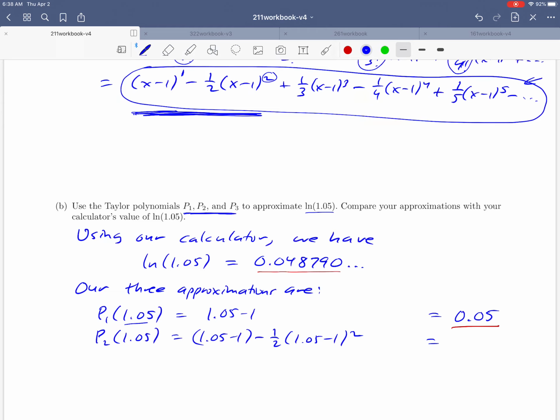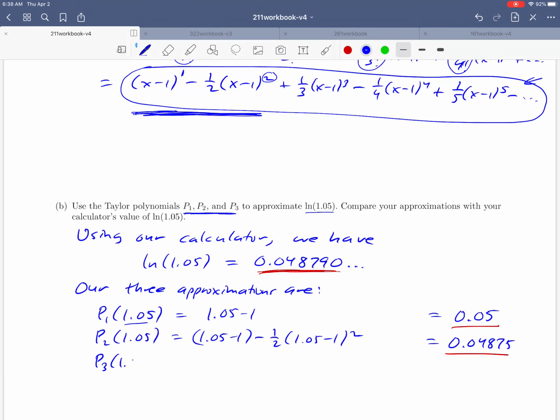You can do that calculation on your calculator and confirm that you get 0.04875. Notice that that number is even closer to our calculator's number, and that's what we would predict since we observed that Taylor polynomials can converge to the function that we started with.